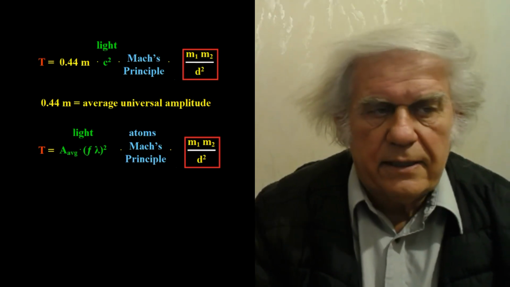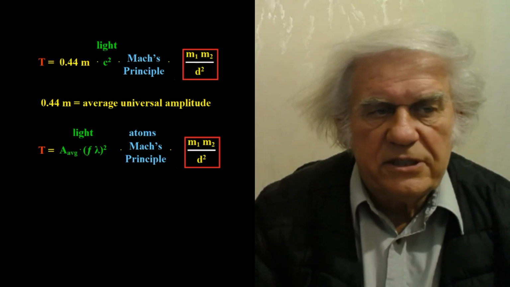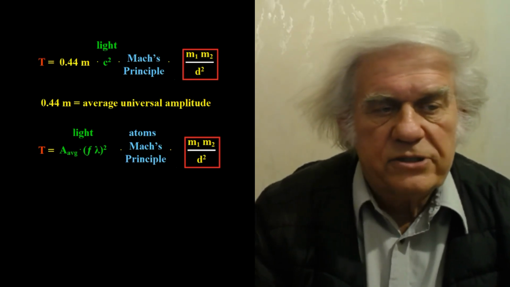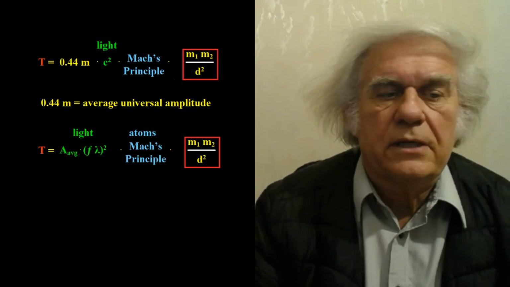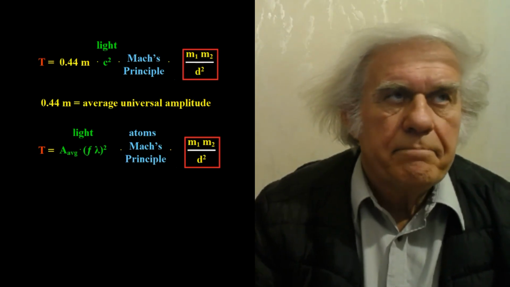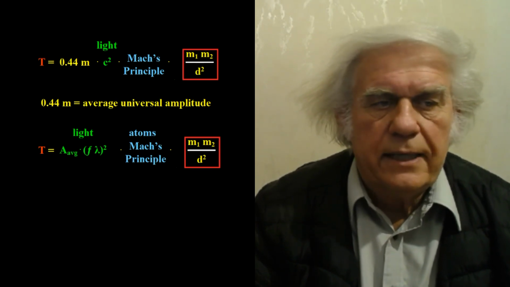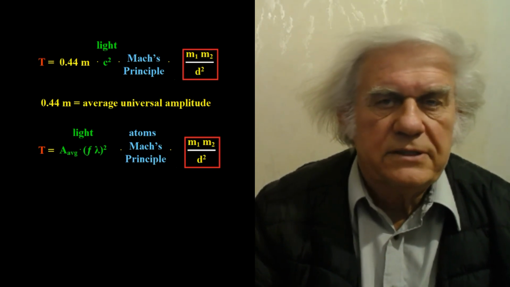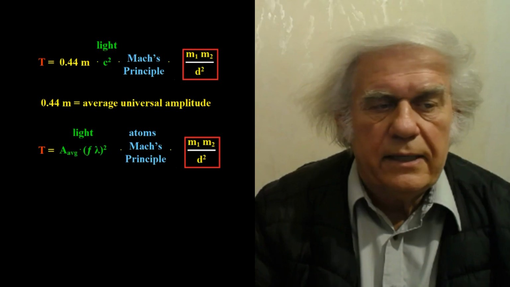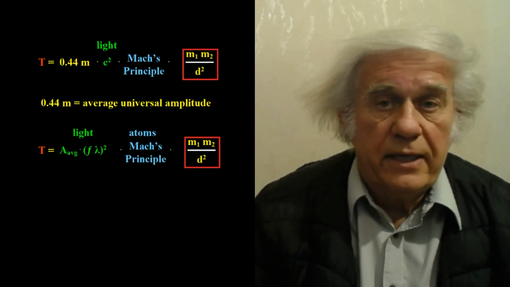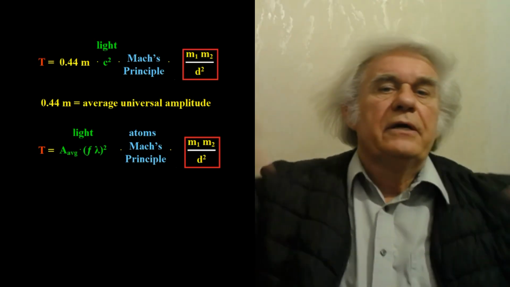So this gravitational constant has to be made of constants. We're saying we have two constants there: one is the mass of the hydrogen atom, the other one is light, the frequency times wavelength. And then we have the average amplitude of the wave in the universe.